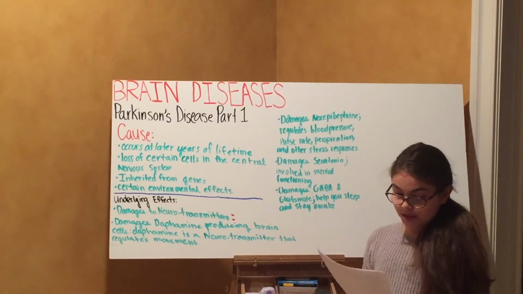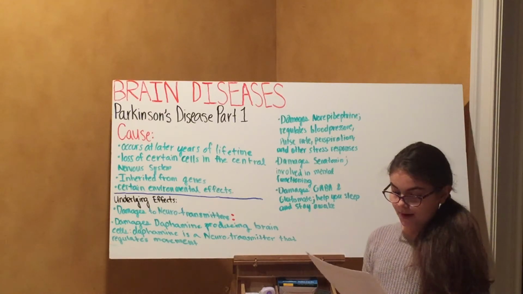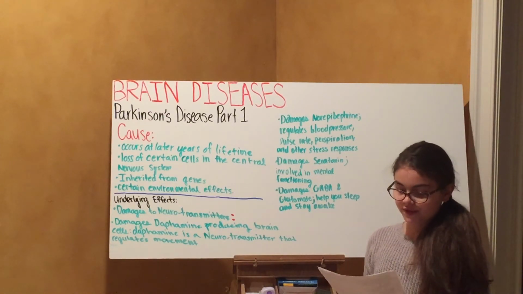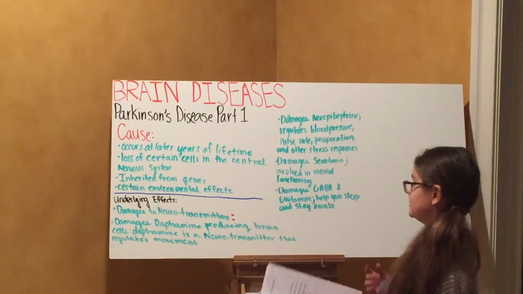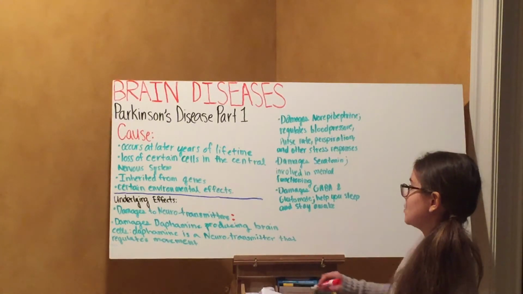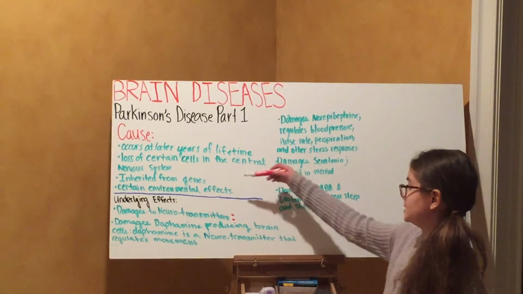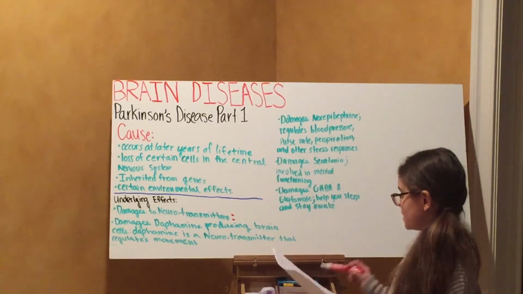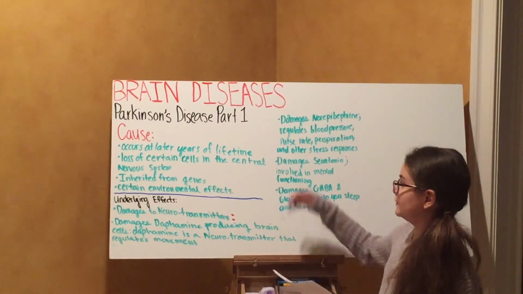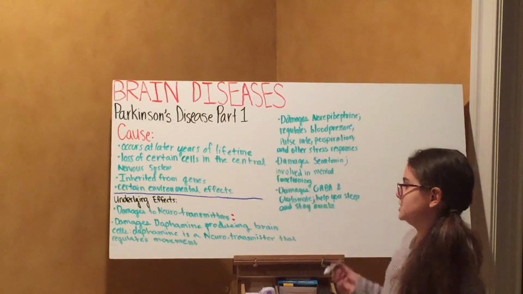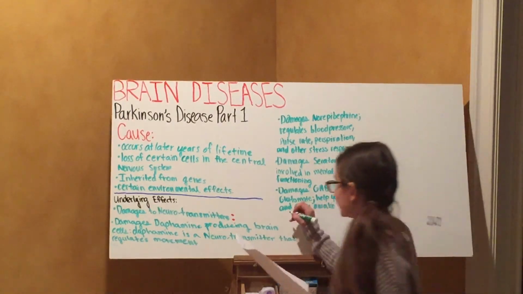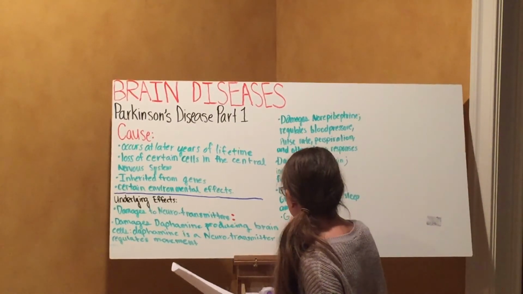And pesticides and herbicides can cause a 50 to 70% increase in risk. So those were the certain environmental effects, and the inherited from genes part, that is also an underlying effect. So gene mutation.